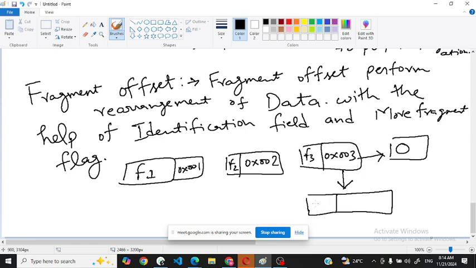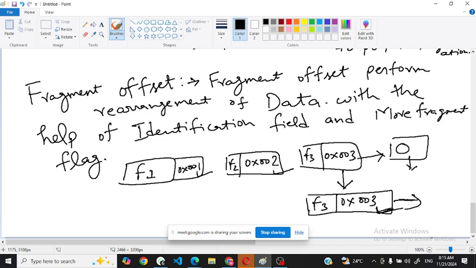By seeing this identification field, that the number is 3 here, the receiver can understand I have not received 1 and 2. I have to wait. But by seeing the more fragment field, the receiver can understand this will be last.